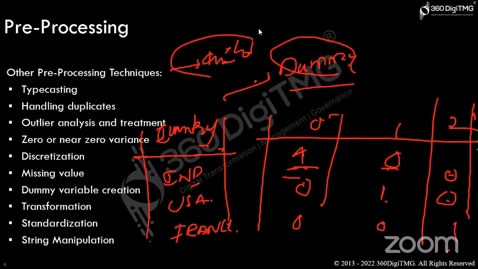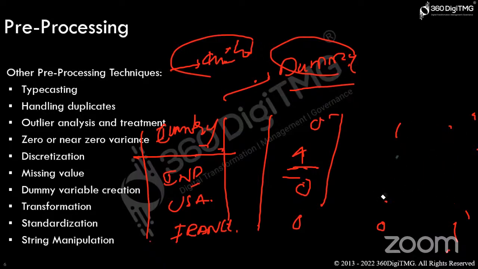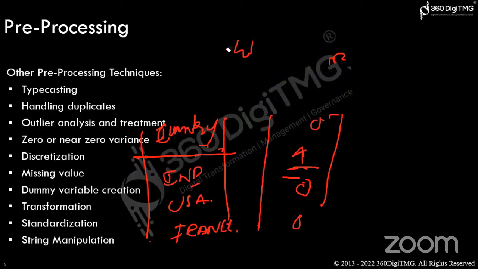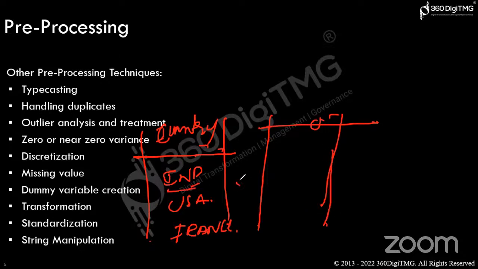When it comes to label encoding, it will simply, in just one column, one feature, based on the alphabetical order, give France first.